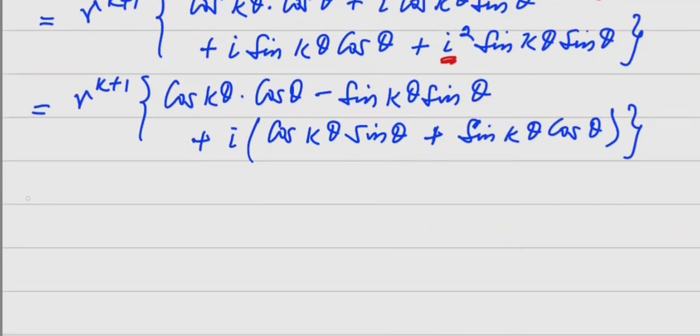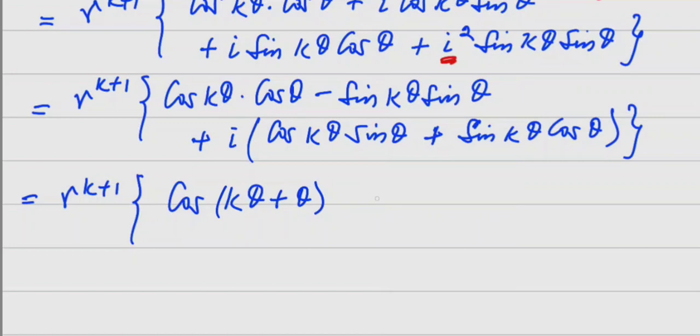So this will be equal to r raised to power k plus 1 into cos k theta cos theta minus sin k theta sin theta, which is nothing but cos of (k theta plus theta), from simple addition formulae in trigonometry, plus i into sin of (k theta plus theta).